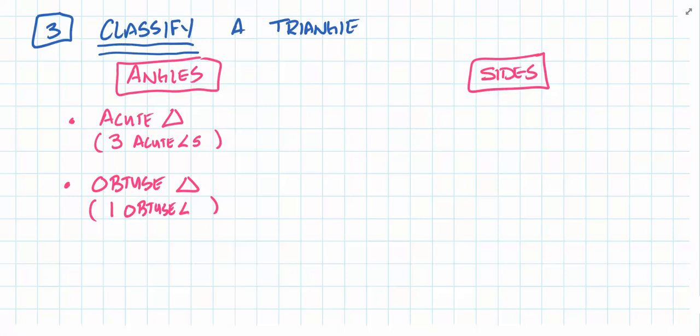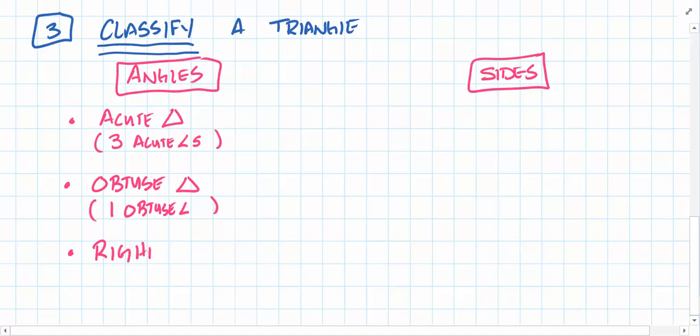The third way would be a right triangle. How would you know if it's a right triangle? It'll have 1 right angle. Very good. And the fourth way, we're talking about angles here, would be what? No, not equilateral, because that would be sides. I'm talking about angles. Equiangular.